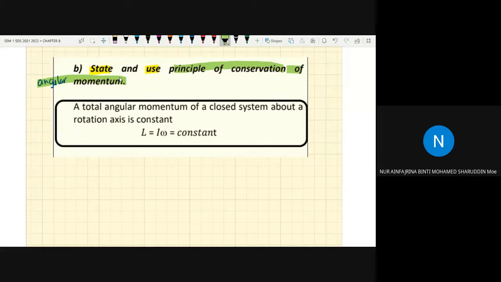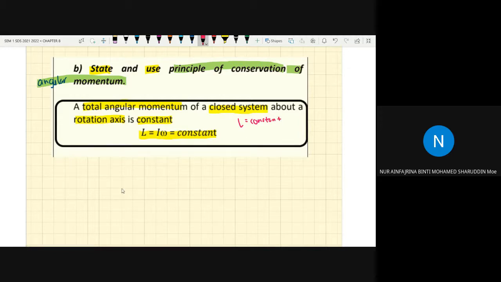State dia pun sama je macam momentum yang biasa. Dia adalah total angular momentum of a closed system about rotation axis adalah constant. So L equals to I omega equals to constant. Maksudnya angular momentum dia ni adalah constant. L dia tak berubah-ubah, dia adalah constant.